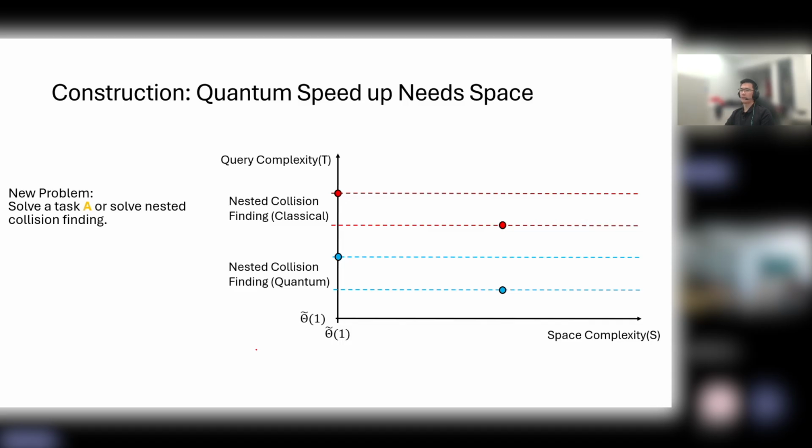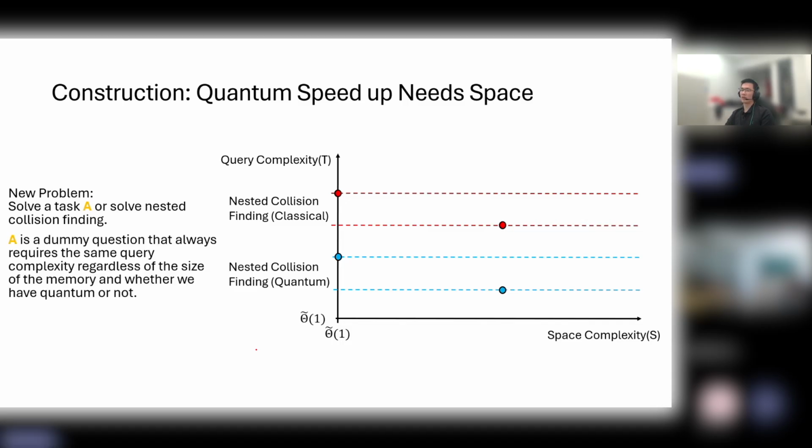What is A? A is a dummy question, and these two yellow points are the best algorithms for A. For example, answer the sum of all oracle outputs. The query complexity of A does not depend on the size of the memory or whether you are quantum or not. It's a very bad question, and it has complexity between these two blue lines.